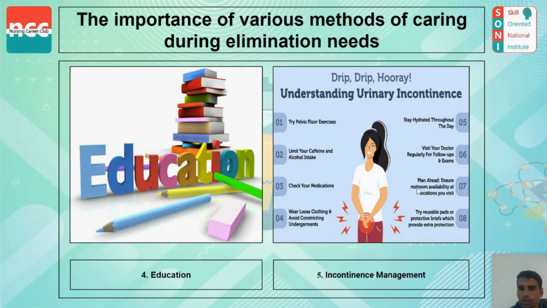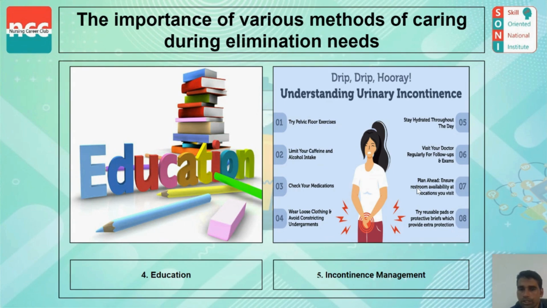Now we will talk about incontinence management. Understanding urinary incontinence. There are various parts of urinary incontinence. Try pelvic floor exercises. Limit your caffeine and alcohol intake. Check your medications.